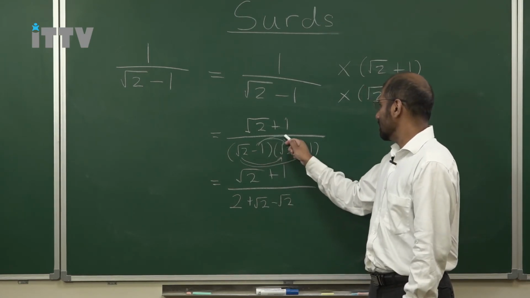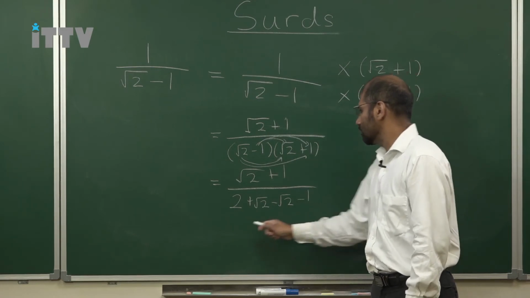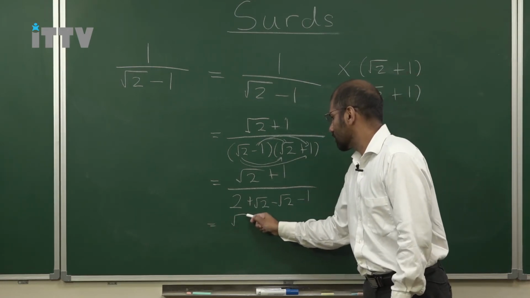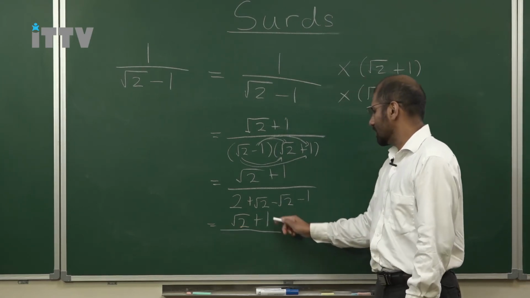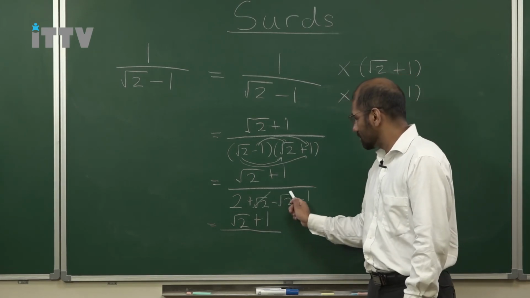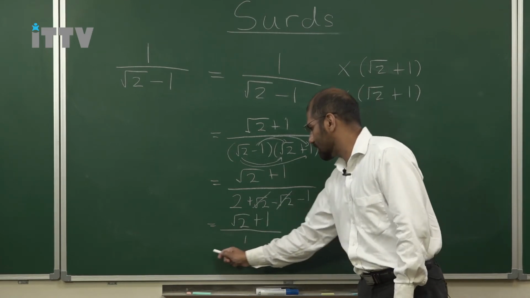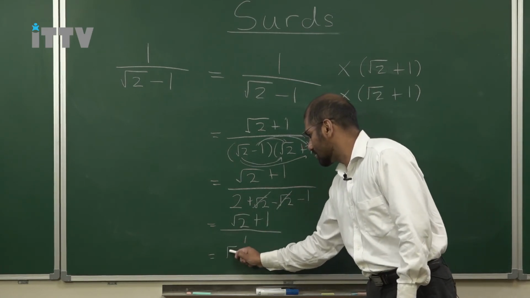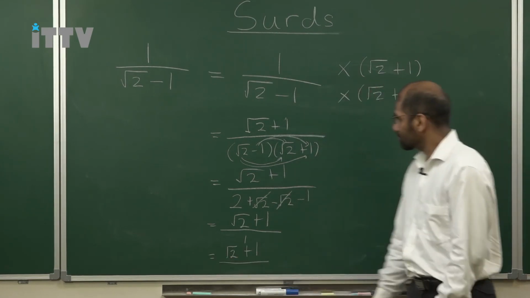And finally, minus 1 times positive 1, which is negative 1. So we have square root 2 plus 1 divided by, surd 2 minus surd 2 cancel off each other, so this part would be 0. 2 minus 1 is 1. Hence the final answer is surd 2 plus 1.